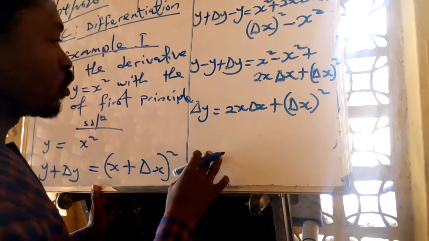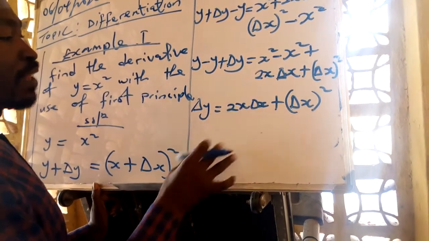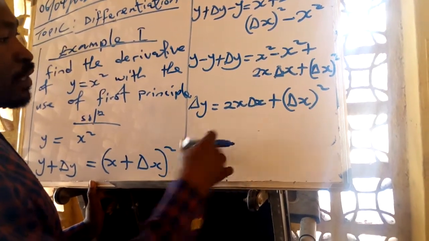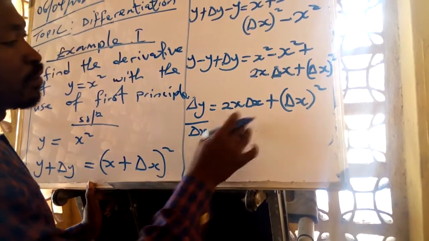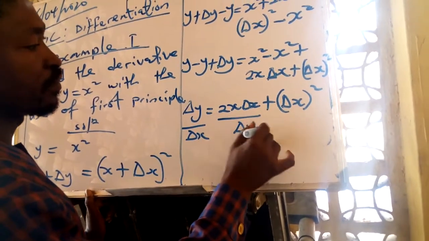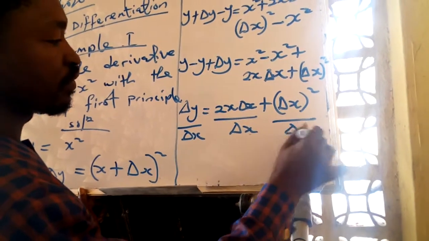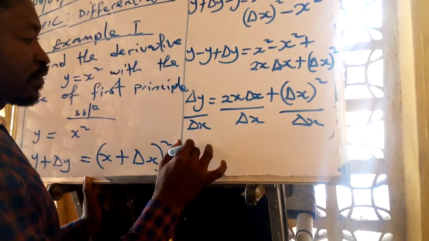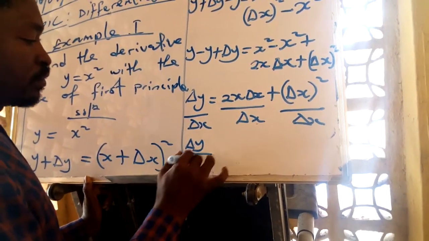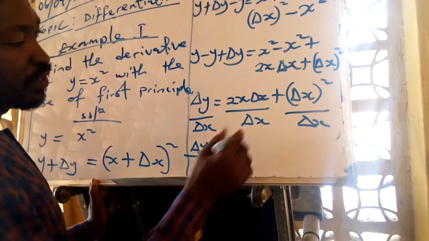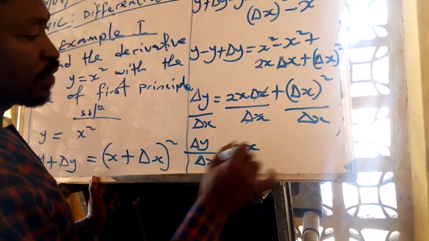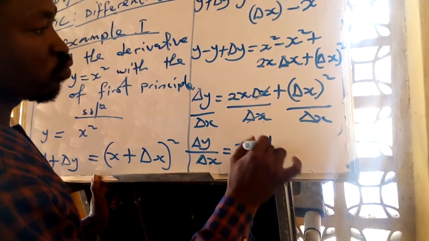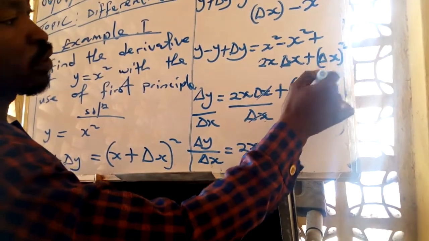So from here now, what do you do next? You divide both sides by delta x. You say all over delta x, right? This one all over delta x, these two all over delta x. Then delta y over delta x, we cancel this delta, and we have 2x plus, this delta x, we cancel out one of these delta x.